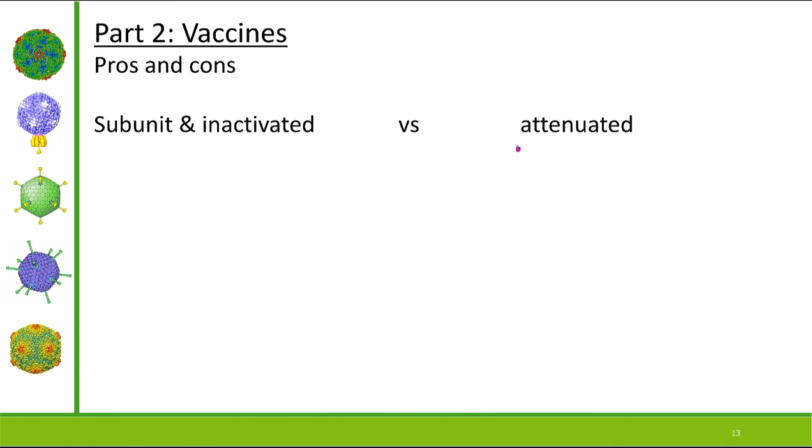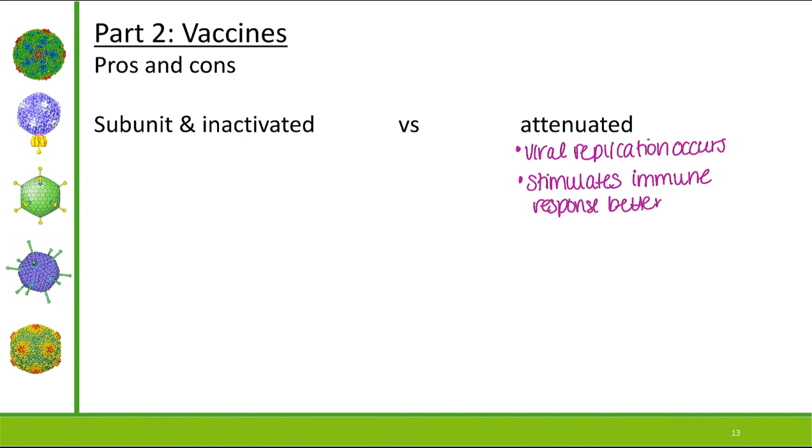So in attenuated, we talked about this idea that viral replication occurs. So that is both a pro and a con. It's a pro in the sense that because viral replication occurs, it actually stimulates the immune response better. And so we actually see usually longer term protection from these.